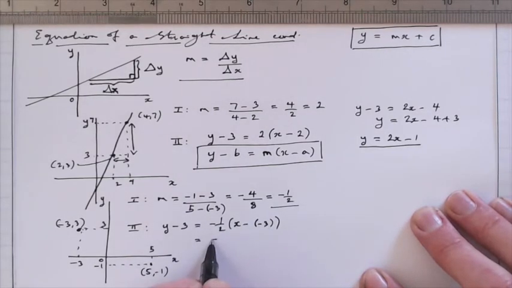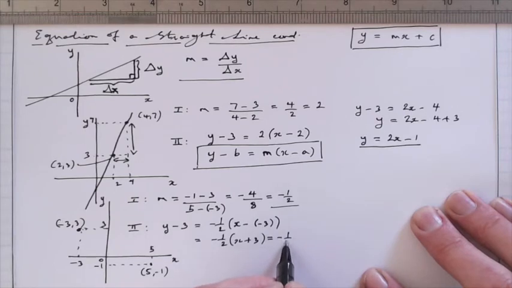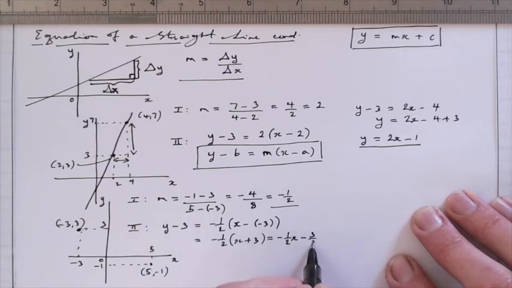And then I'm going to do a little tidying up here. I have x take away negative 3, and that's x plus 3. And then I can multiply this out. So this gives me minus a half times x, and then take away 3 halves.